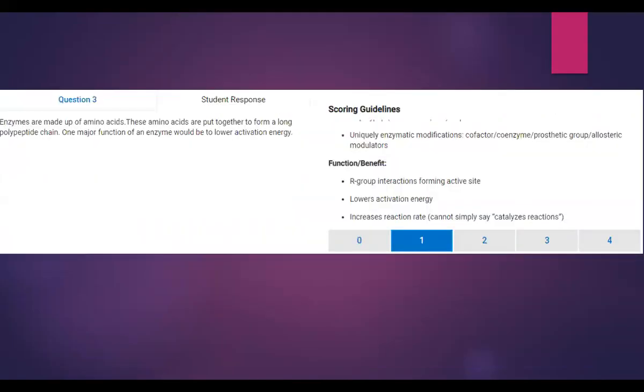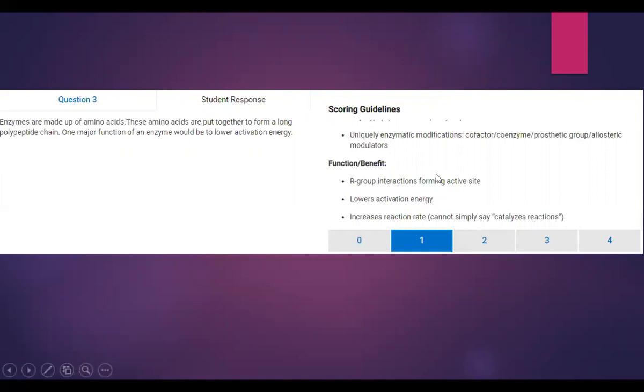All right, so this is the first response. Enzymes are made up of amino acids. That's a point, okay, because that's a structure, the structure point. These amino acids are put together to form long polypeptide chains. That's also a structure point. That's within that same point. And then one major function of the enzyme would be lower activation energy.